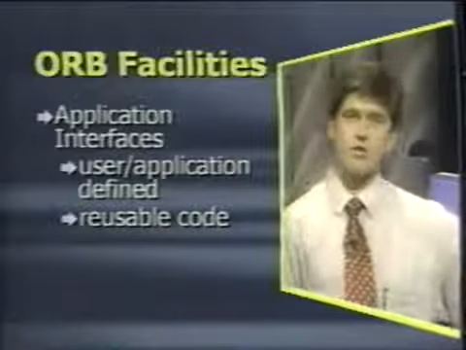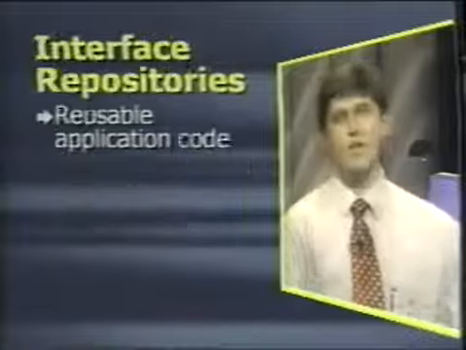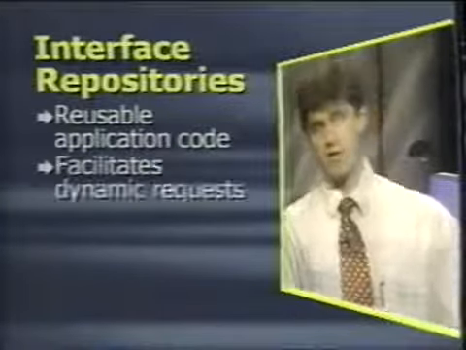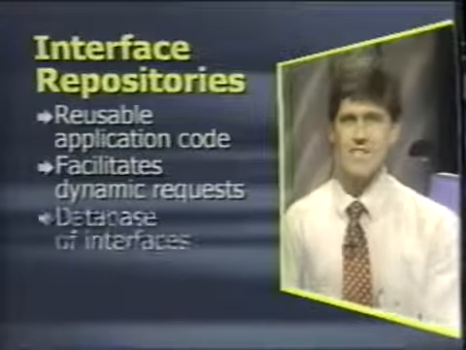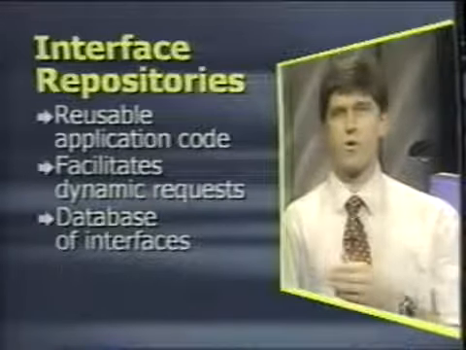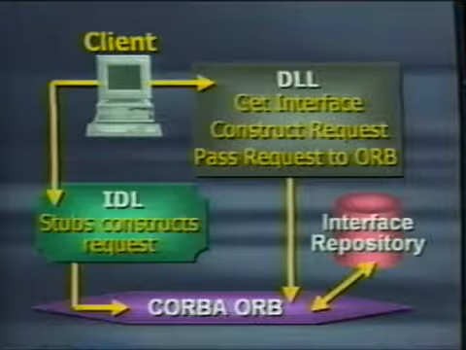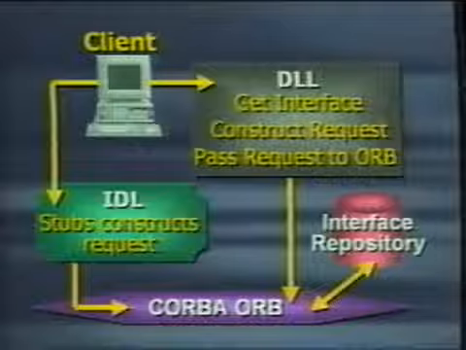Now, all of this works using what are called interface repositories. This is reusable application code that facilitates dynamic requests. An interface repository is essentially a database of interfaces that can be used for creating these requests to an ORB. As you see here in this graphic, we have a model of an interface repository.